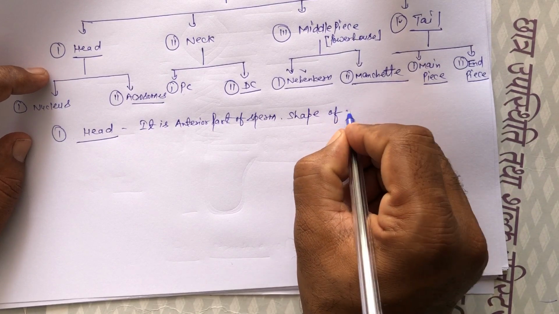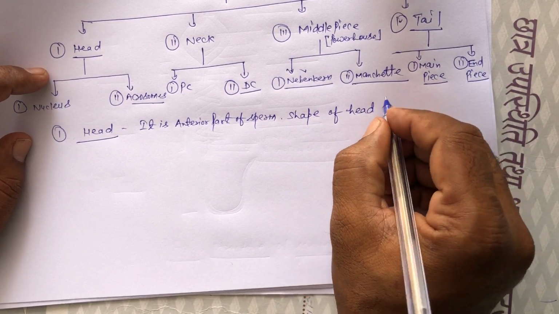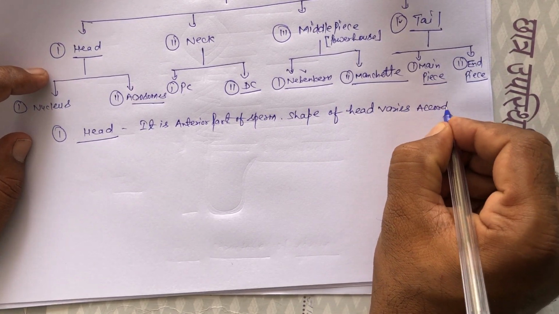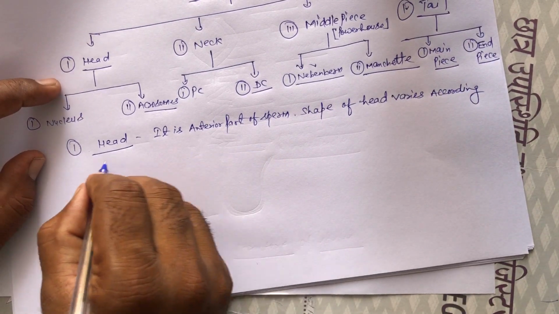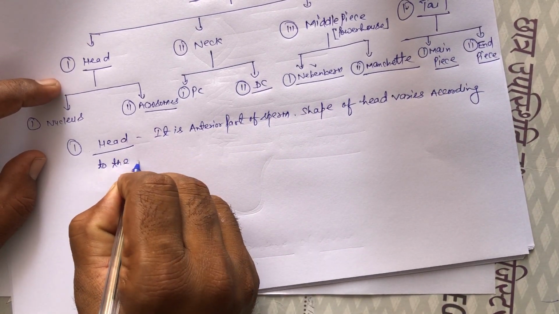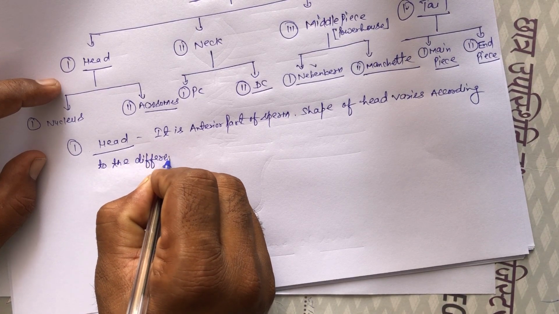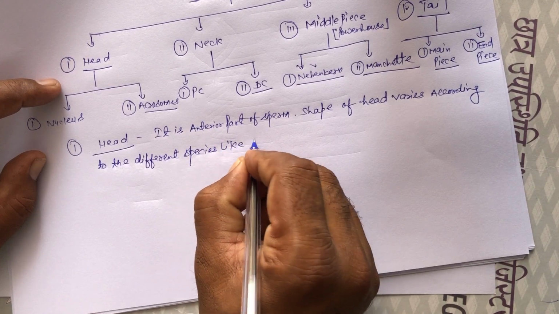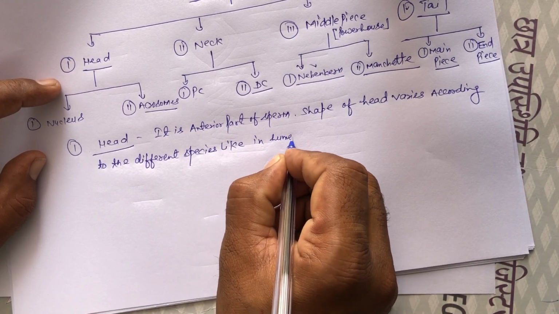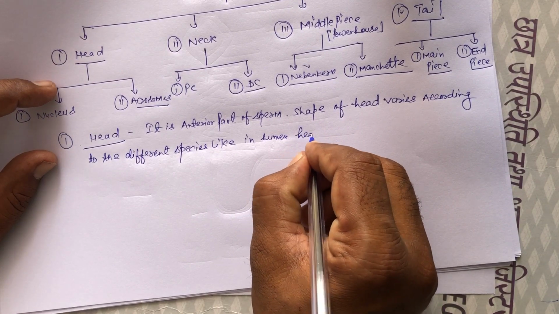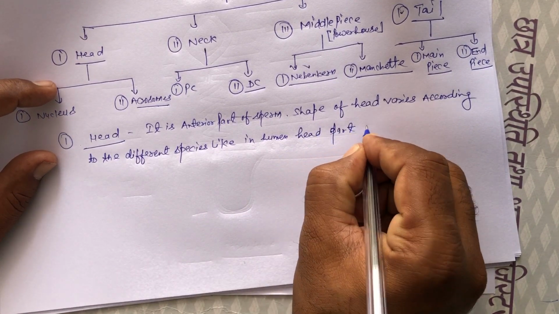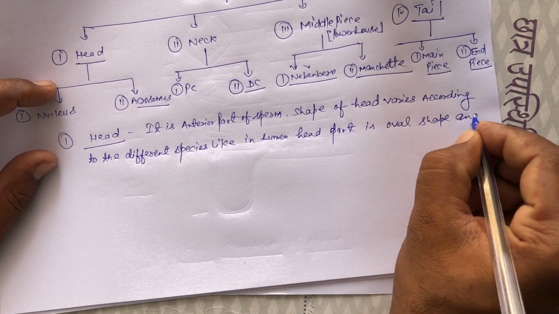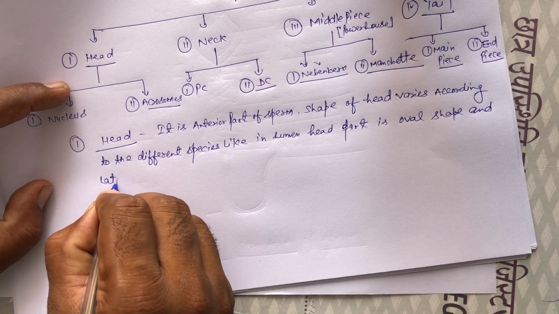Next, the shape of the head varies according to different species. Like in humans and dogs, the head part is oval shaped and laterally flat.